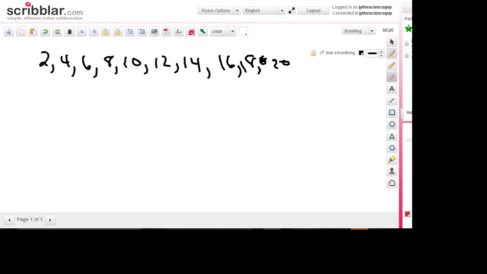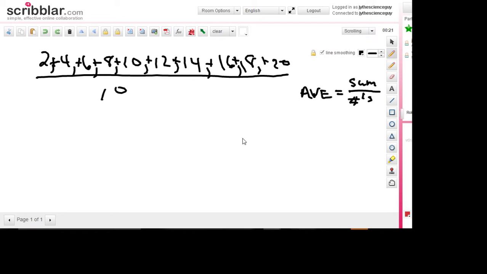Average is equal to the sum divided by the number of numbers. So to find the sum, you just add all the numbers up, and then you divide by how many there are.